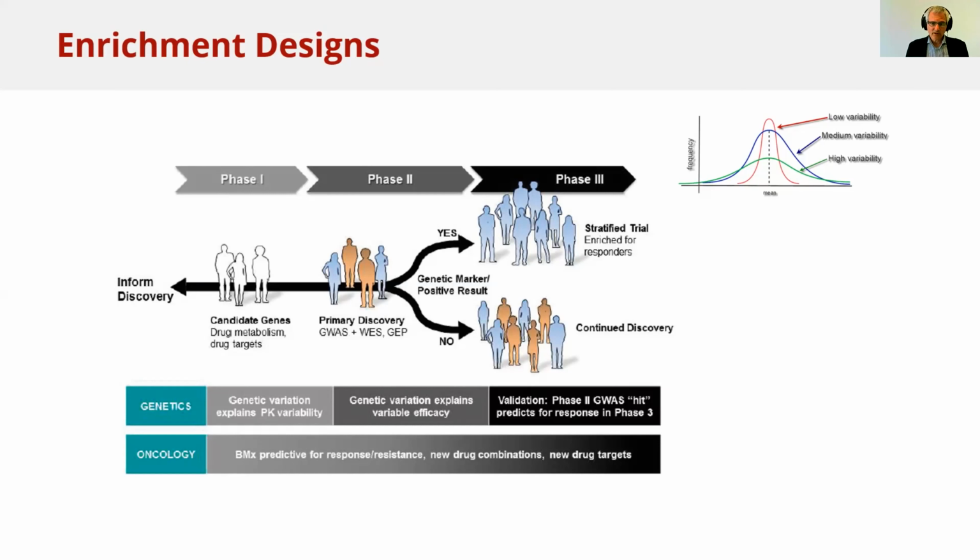We're working on a design right now in mild cognitive impairment, a disease that progresses rather slowly. It's very hard to measure, and we are talking to the subject matter experts about how we might be able to enrich that sample early on and study it in the early phases.